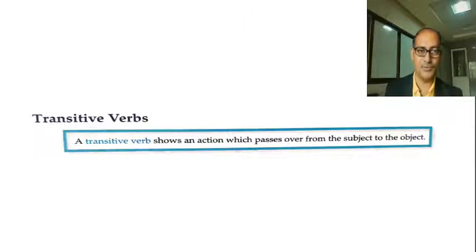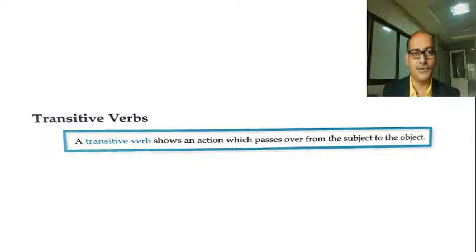I shall give a few more examples. For example, the carpenter prepared a wonderful chair. Carpenter is the subject. Prepared is the verb. This verb prepared shows that the subject carpenter had done some action to the object.